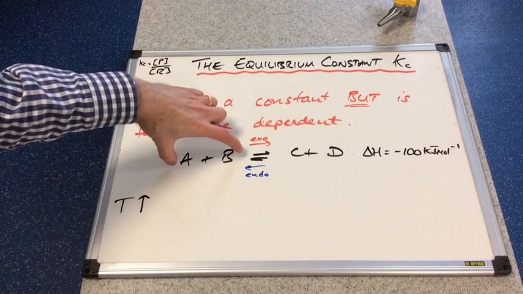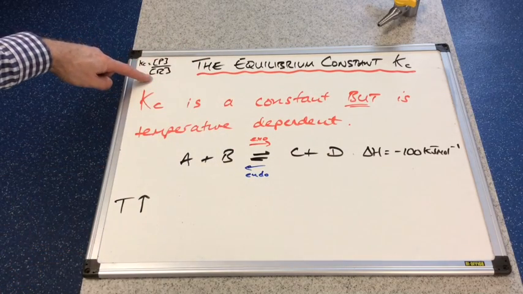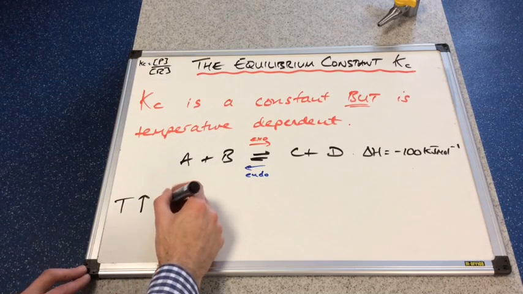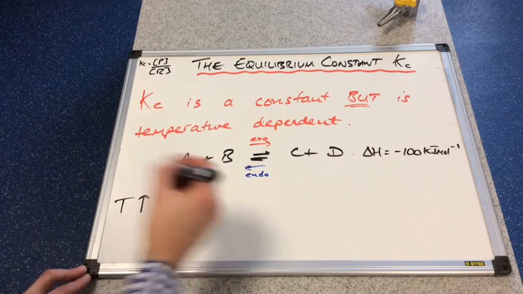Therefore, if the reactants is increasing and the products is decreasing, Kc will actually drop.